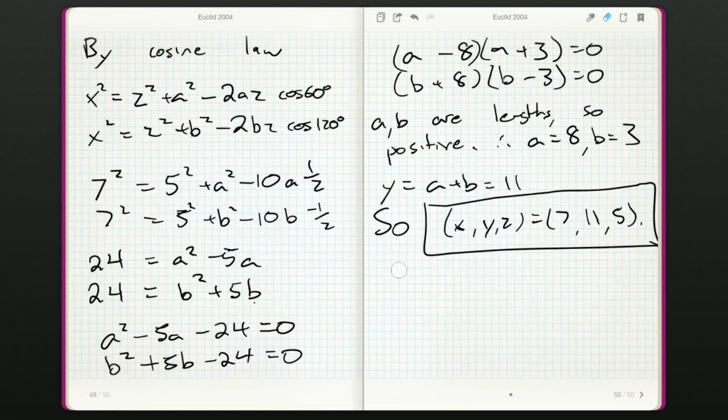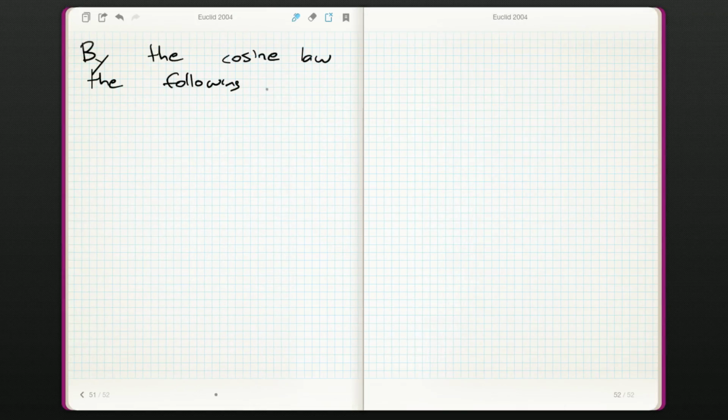I'm gonna say this on the next page. I think this might help me a whole lot. By the cosine law, the following is true for Kirk triplets.